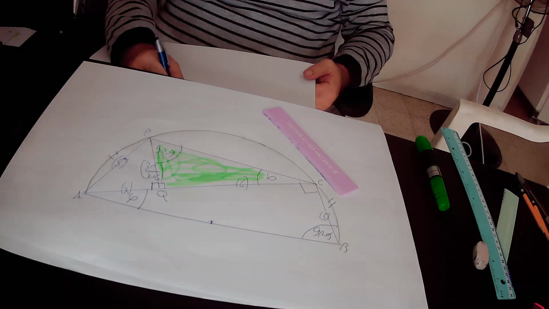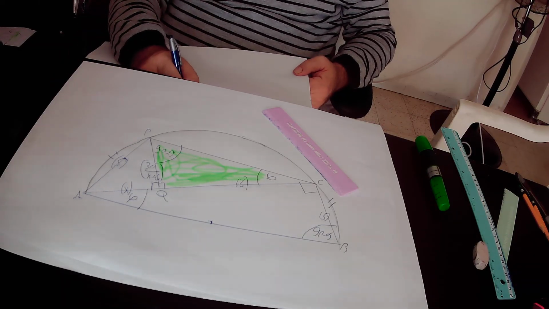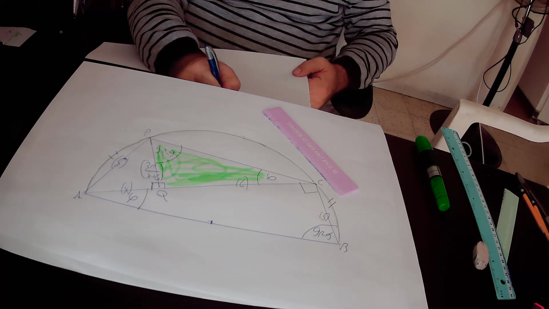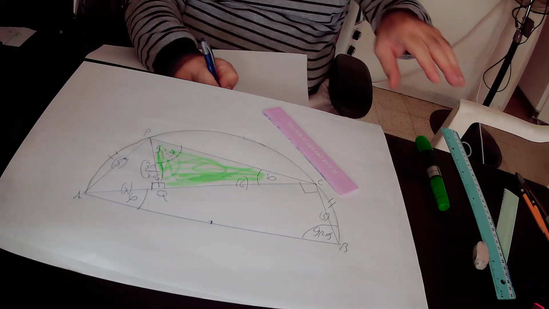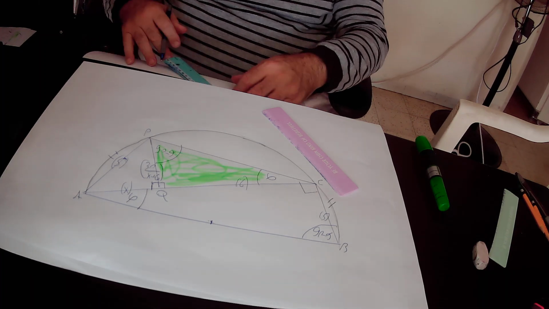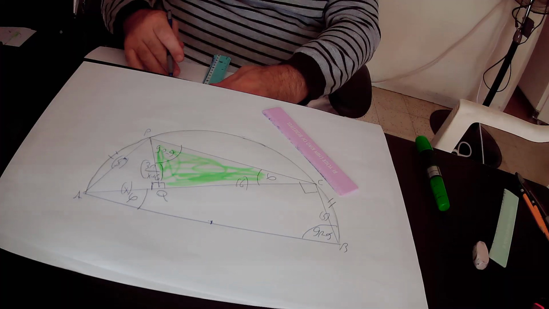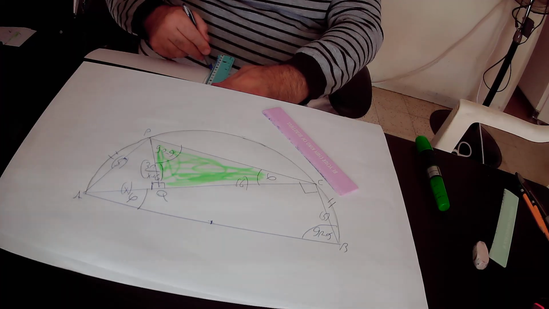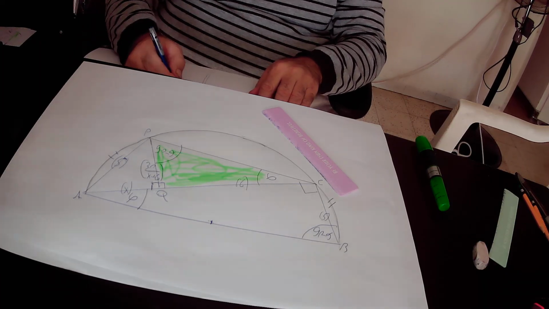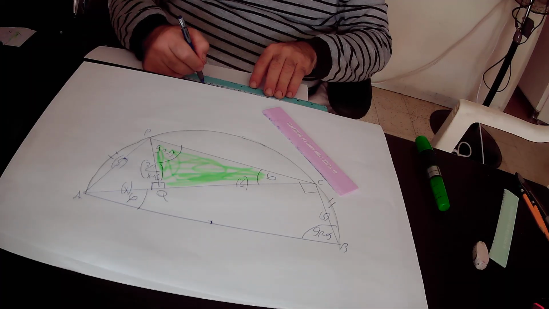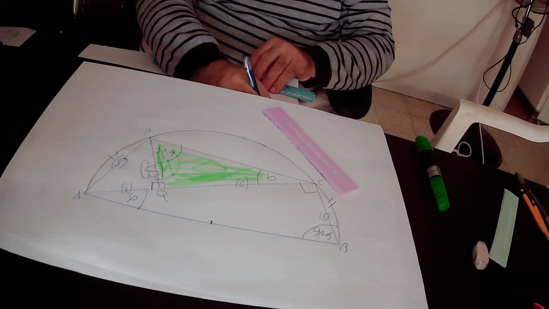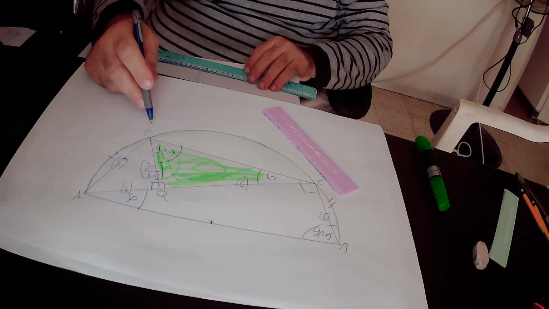So in this right triangle APQ, AP squared, the square of the hypotenuse, is equal to PQ squared plus QA squared.